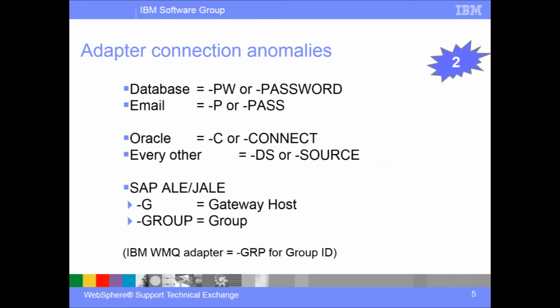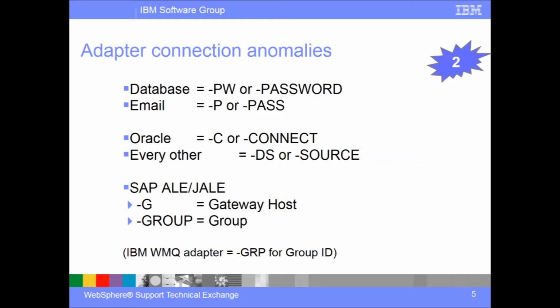Sticking with database connectivity, you will find that the Oracle adapter uses -c or -connect command line option, whereas every other database adapter uses -ds or -source. The SAP ALE and JALE adapters have gone through some changes recently, but we're now standardized on -g meaning gateway host and -group meaning group.